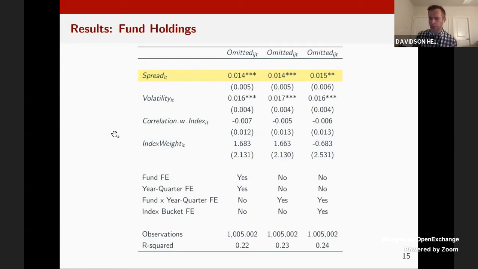So we run some regressions looking at actual ETF holdings in the data, and it's probably not that shocking that the model does seem to capture the correct intuitions. With the effective spread, which is to say the trading costs of a given asset, it's much more likely that a given index asset will be omitted from the ETF's holdings.